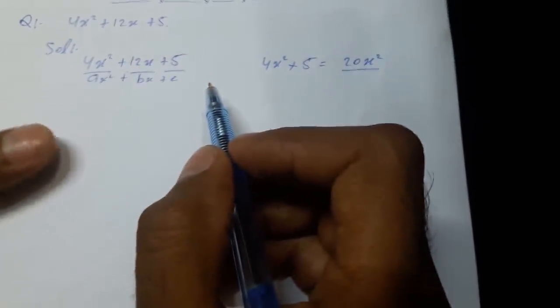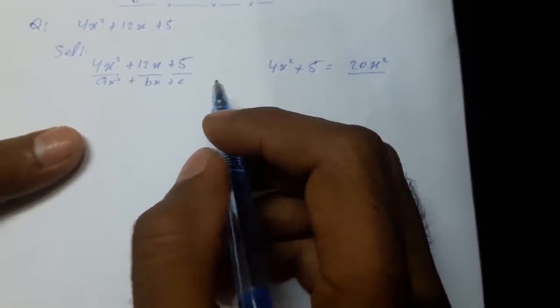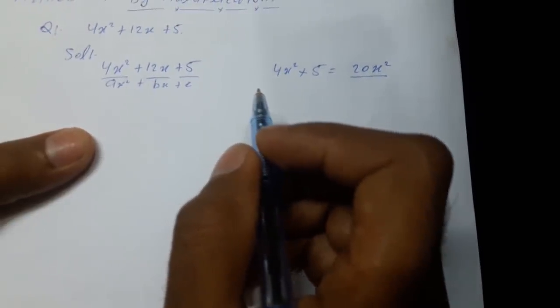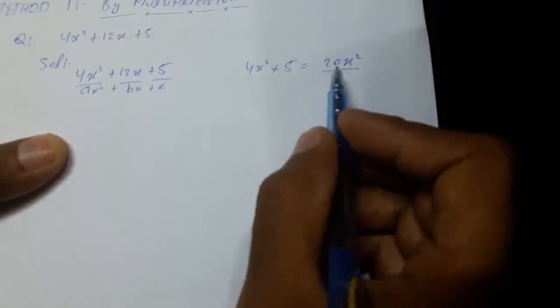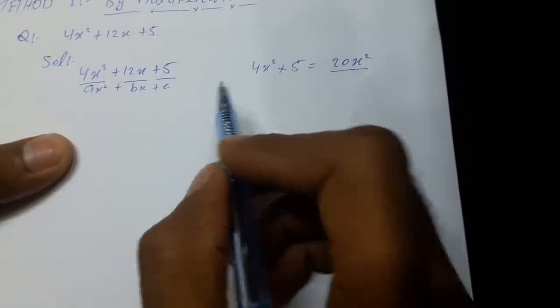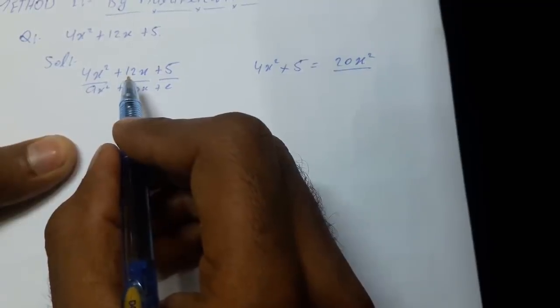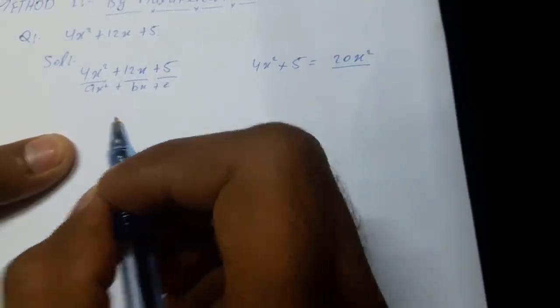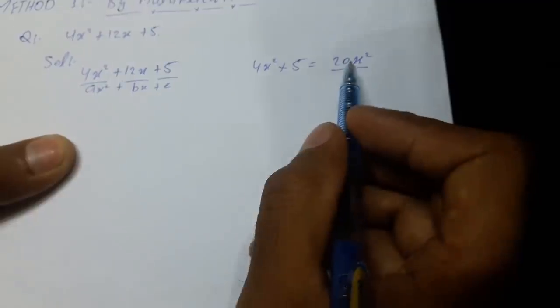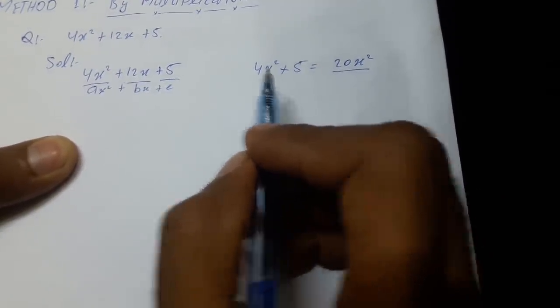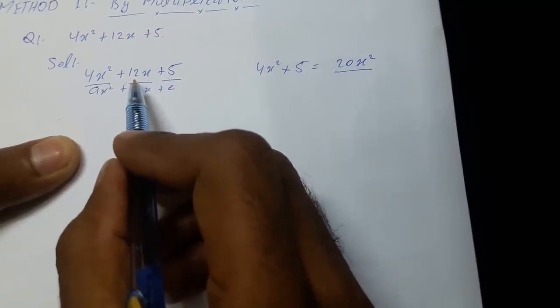We should find two numbers whose product is 20x square, and if we add or subtract them, the answer should be 12x. Understand?